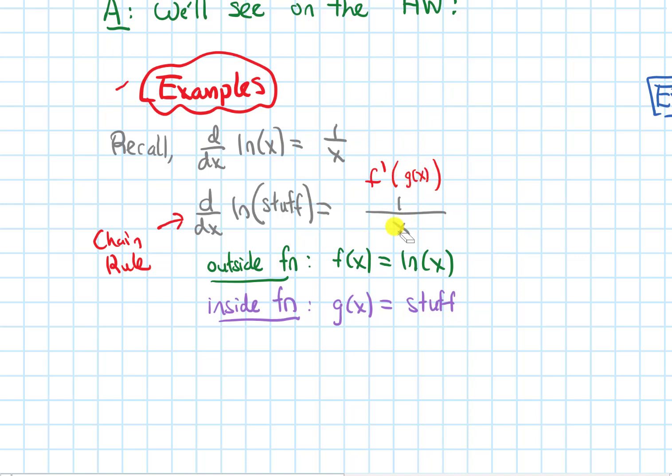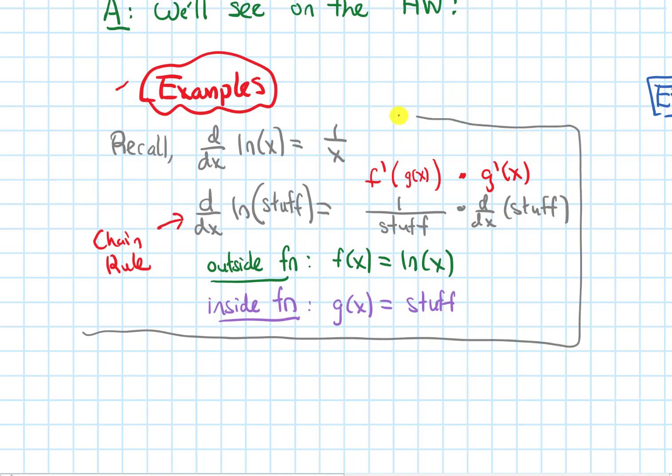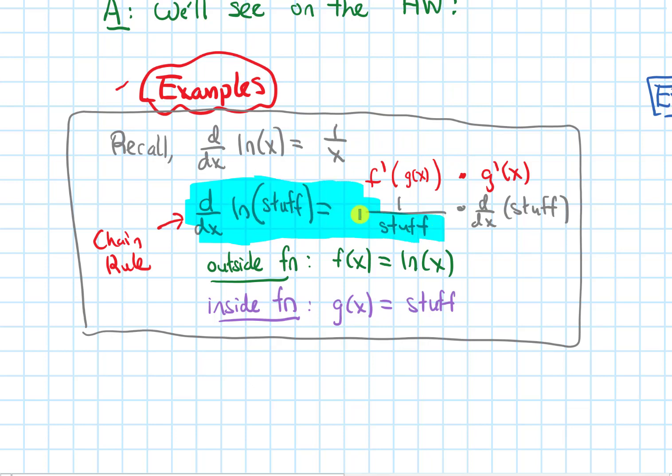And then the chain rule says, multiply that by the derivative of the inside, the derivative of the stuff. So we multiply by d dx of the stuff. I want to put a big box around this because this describes how we take the derivative of ln of some stuff using the chain rule. It's just going to be 1 over the stuff times the derivative of the stuff.